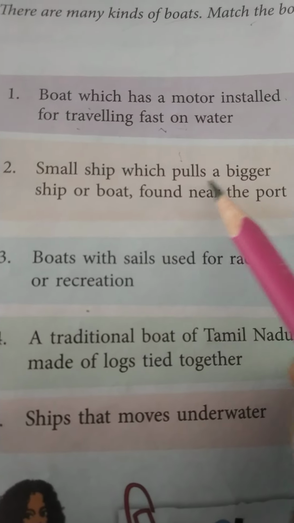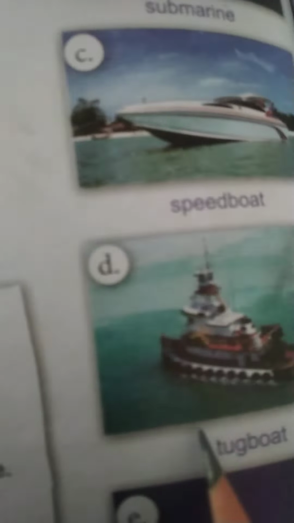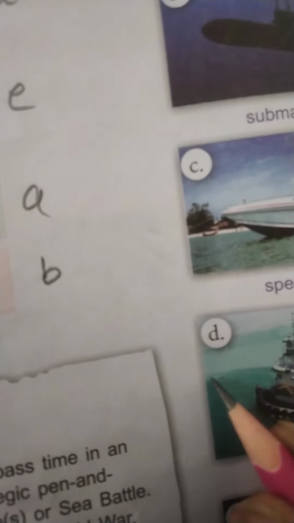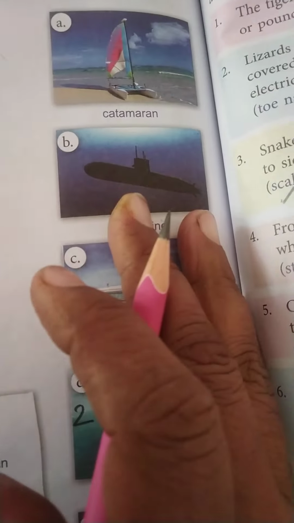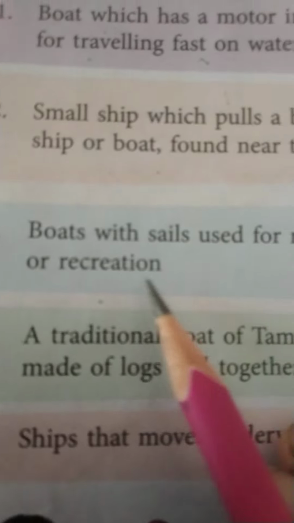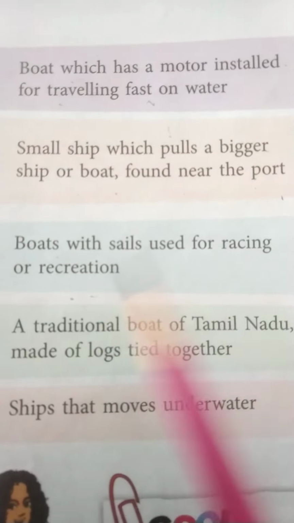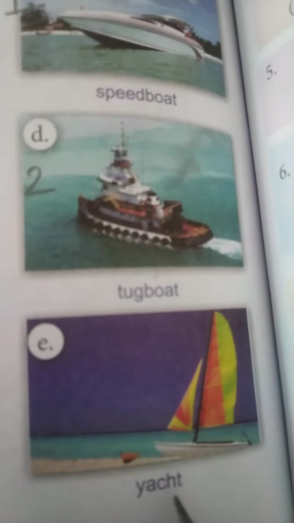A small ship which pulls a bigger ship or boat, found near the port. So that is the tugboat. So here we'll write the second. The answer matches with the second one, and C matches with the first one. Now third is the boat with sails used for racing or recreation. So this matches with the yacht.